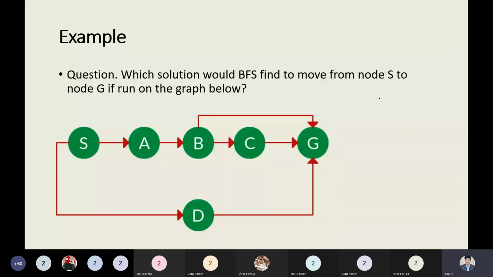This is our S, and this would be A, and from A to B we are moving, and B to C I'm taking, and C to G I'm also taking over here, and next is B to G. Let me use this one, and this one would be D, and D to G we can take. Okay, so this is the point. From this example, can anyone tell me what would be the path of the BFS algorithm we are applying? What would the path be?